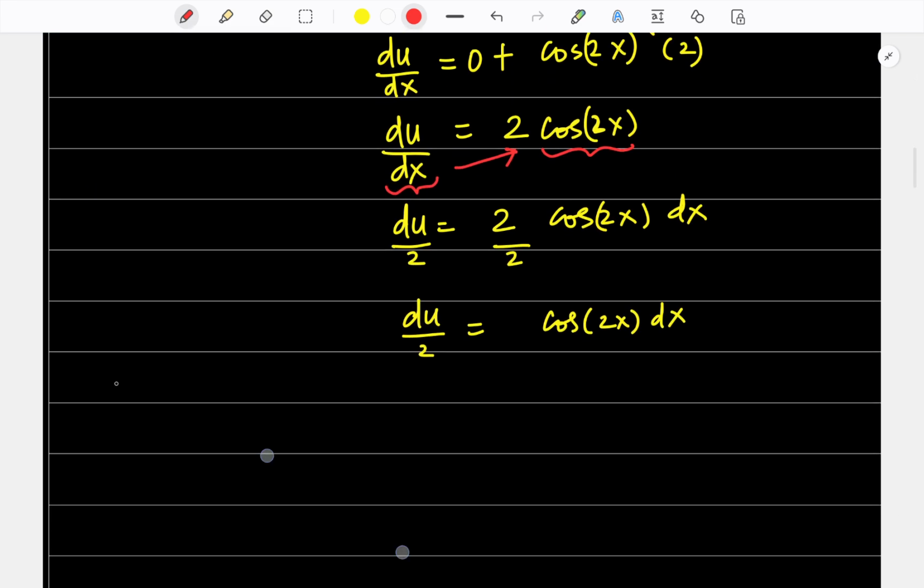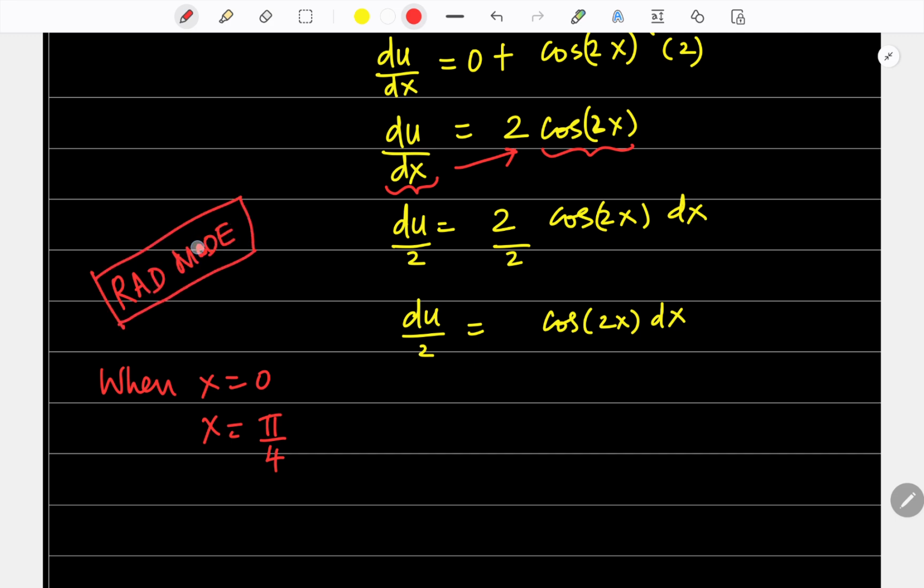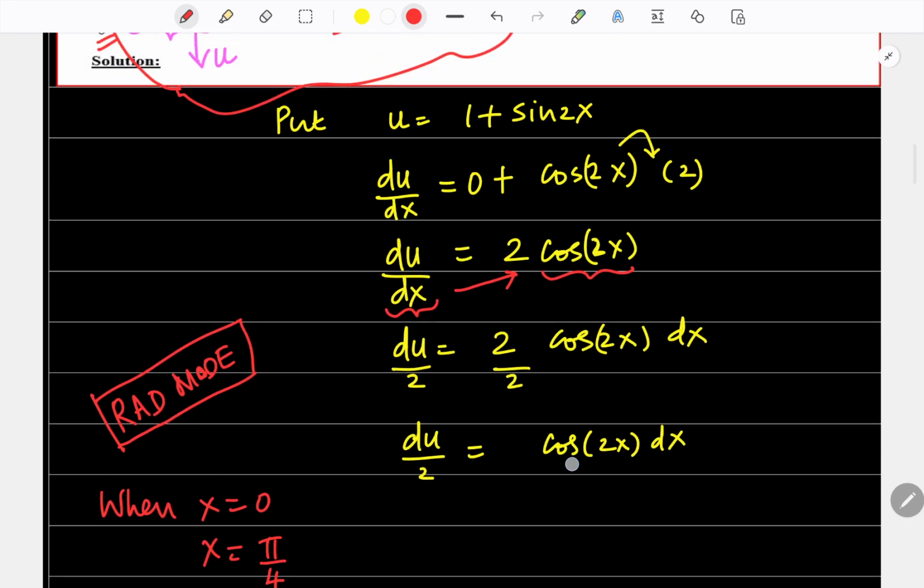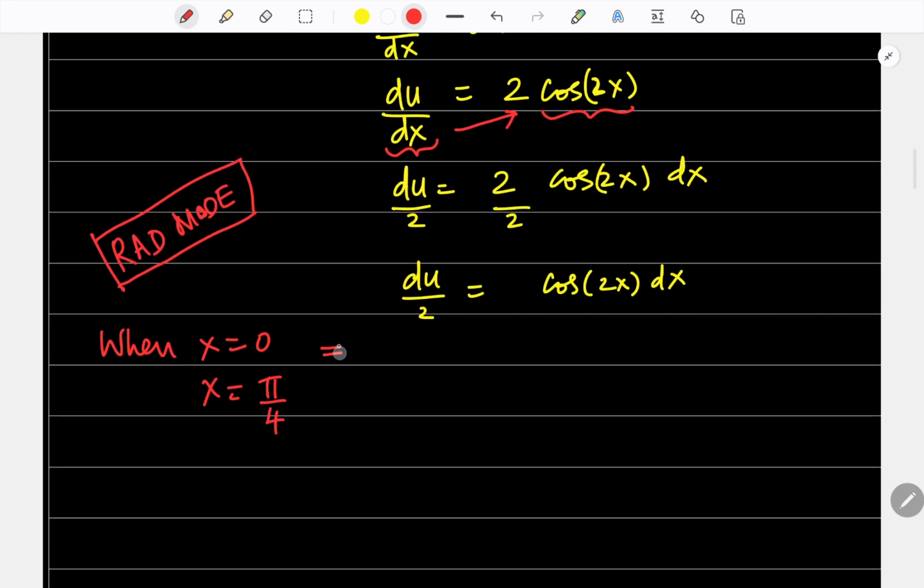The limits are 0 and pi by 4. When x is equal to 0 and when x is equal to pi by 4, please use the calculator in radian mode because you have a pi. So what is your u equation? u equals 1 plus sine 2x. We put x equal to 0 and pi by 4.